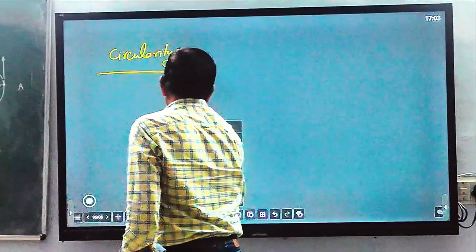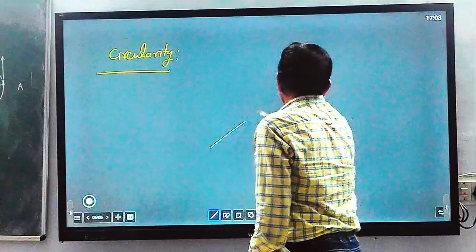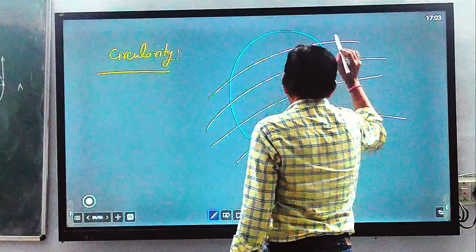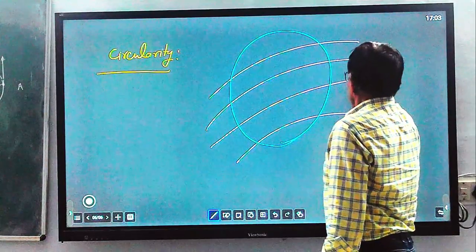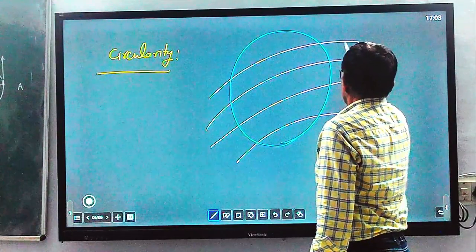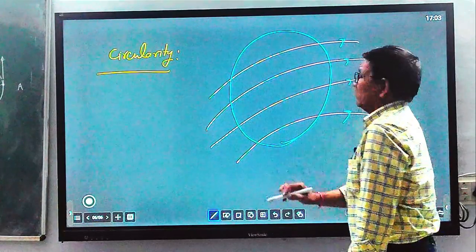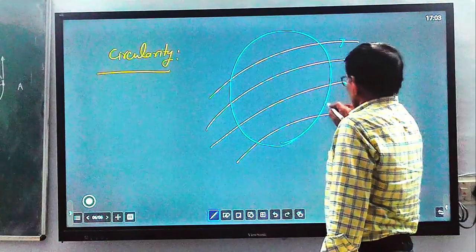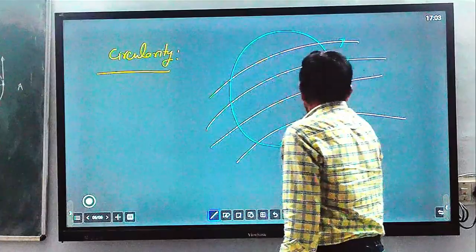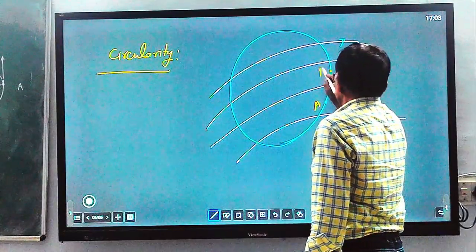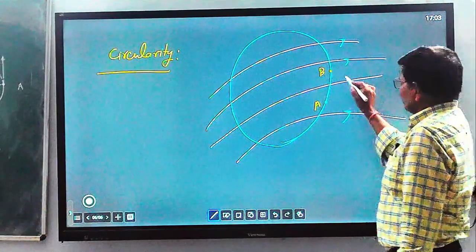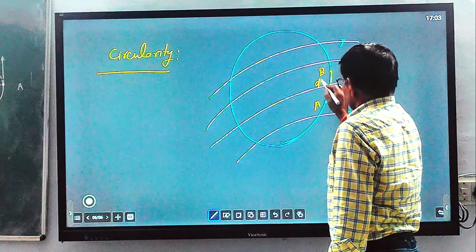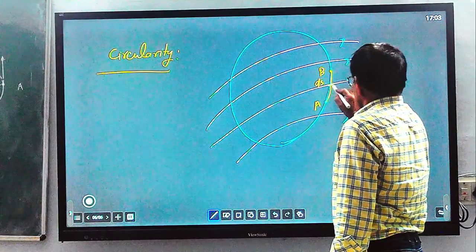Take a flow field, any flow field, and suppose these are streamlines, as we have already discussed that a flow field can be defined by streamlines. Take two points here, A and B, with a distance ds between them, and take the tangent at this point.